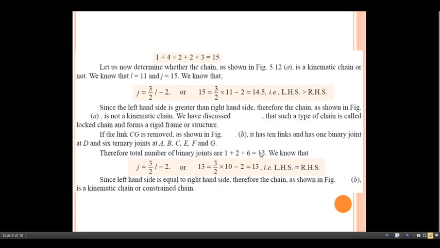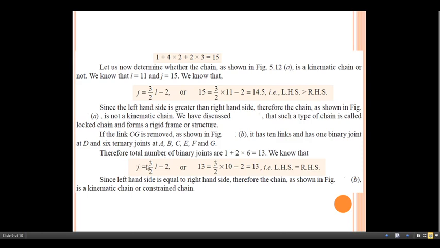So let us get the total number of joints. We have 1 binary joint and 6 ternary joints. As 1 ternary joint is equal to 2 binary joints, you have to multiply the 6 ternary joints by 2, so 6 multiplied by 2 plus 1 is 13.